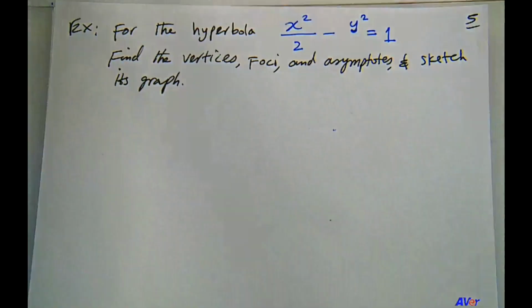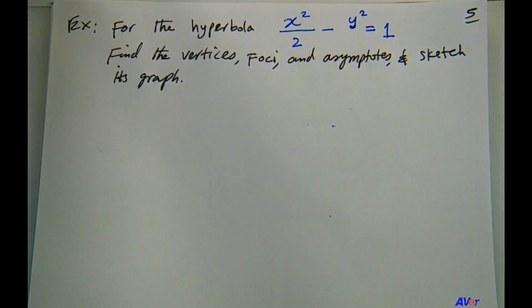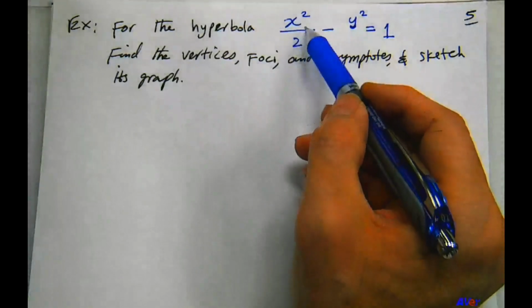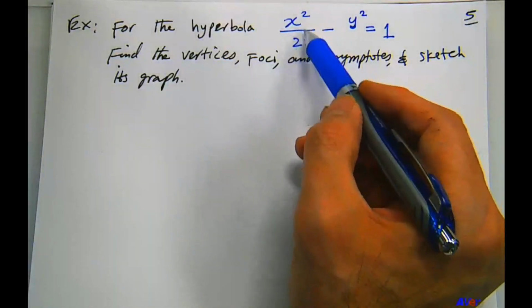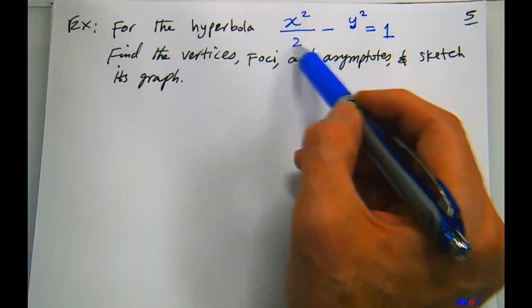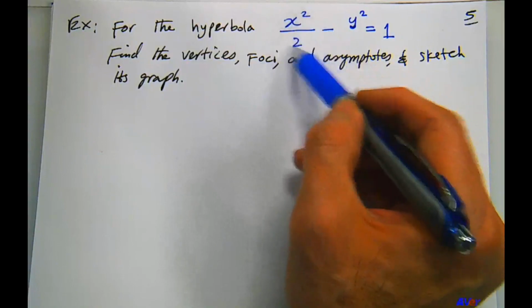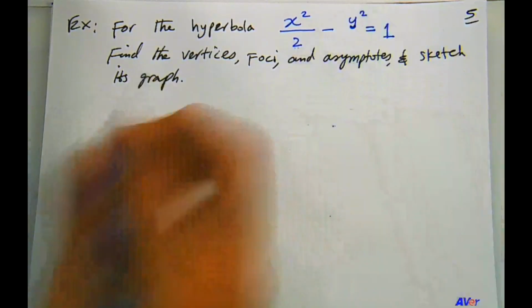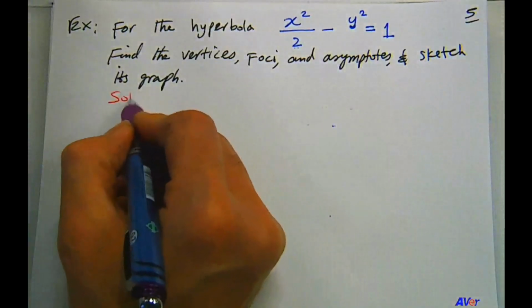Okay, the vertices are associated with the variable a in the hyperbola, right? In this case, a squared is always the denominator of the first fraction. So we have a squared equals 2. Okay, so here's the solution.